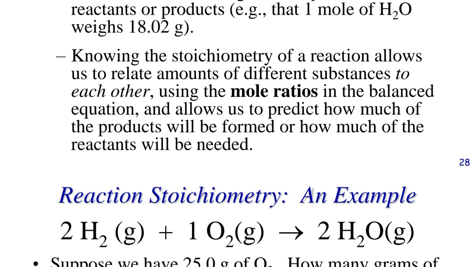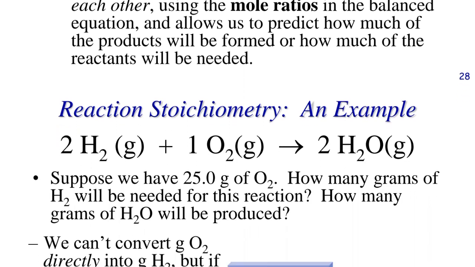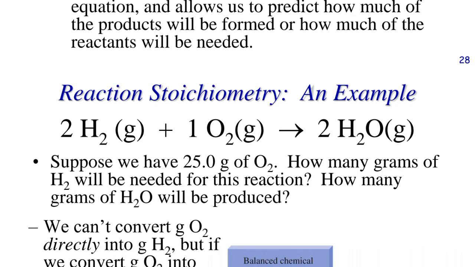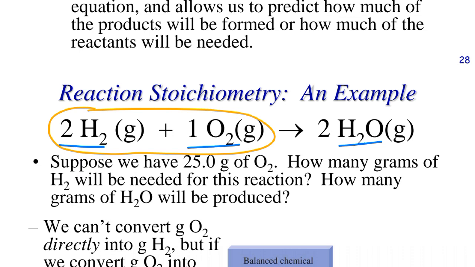Let's look at an example from the reaction of stoichiometry. Here, hydrogen gas reacts with oxygen gas to form water. Through balancing the chemical equation, we can see that on the reactant side we have the reactant species, that is hydrogen gas and oxygen gas.